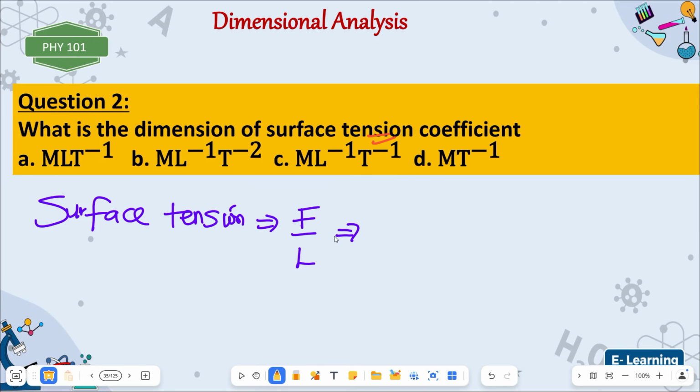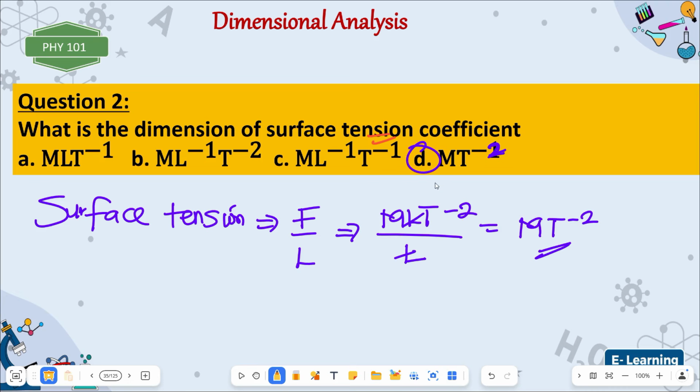The force is what? What is the dimension for force again? MLT minus 2 all over length. L cancels L. And then we have MT minus 2. I know that the correct answer is not here. So the correct answer, if we change this minus 1 to 2, will be option D. All right? That's the answer to that question.